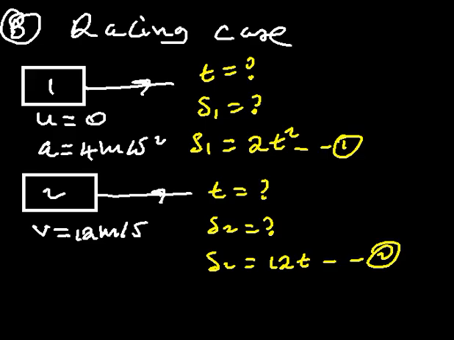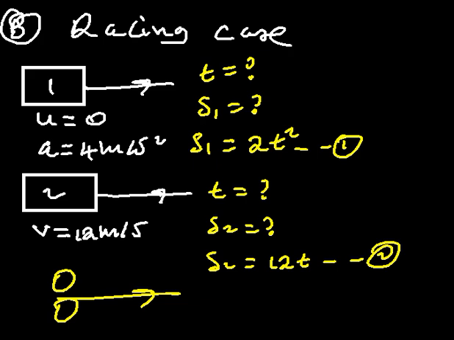Now, from the fact that both objects start from the same position, reaching the point at which one will overtake the other, they have to travel the same distance, no matter what. It is like you and your friend: you are here, and now you start moving towards this direction.